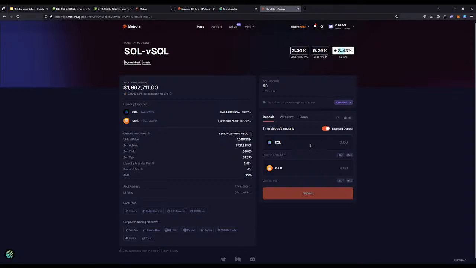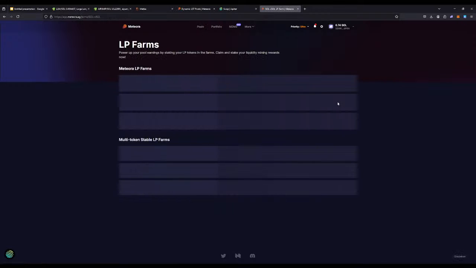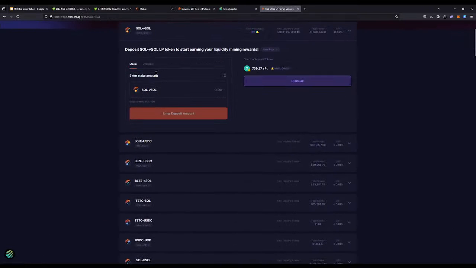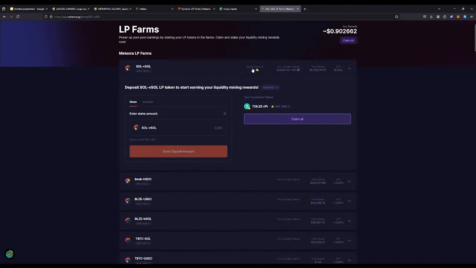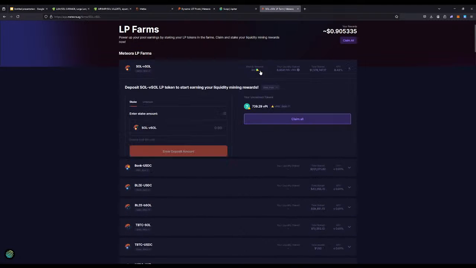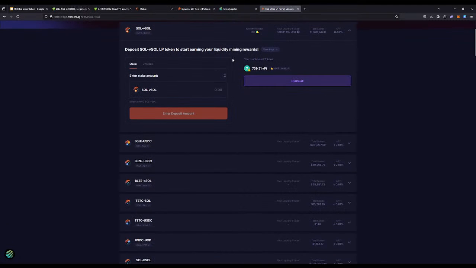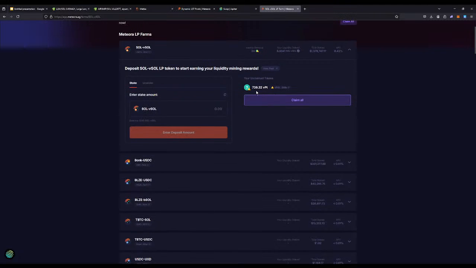So when you add liquidity into this pool, then in exchange you'll get LP tokens. You can take those LP tokens and deposit them into this farm here. And as you can see, there are 2 million points being distributed each week. You can see I already have a position in this.